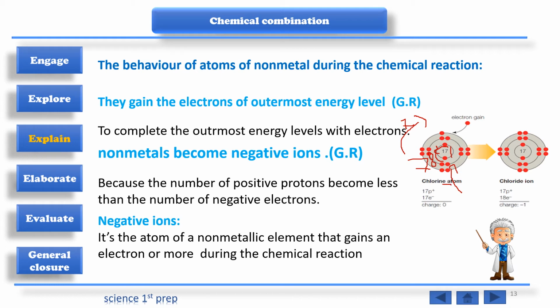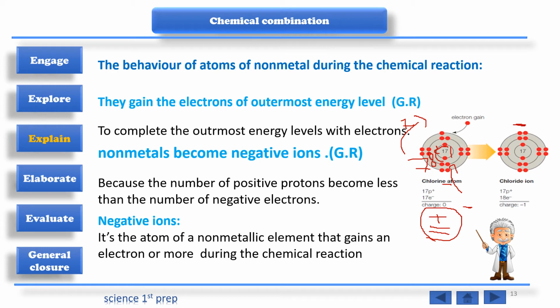Yes, it's easy to gain 1 electron. As we know, the charge of the atom is neutral. So if it gains 1 electron, a negative charge, the charge of the whole atom will be, yes, negative. So it becomes a negative ion.